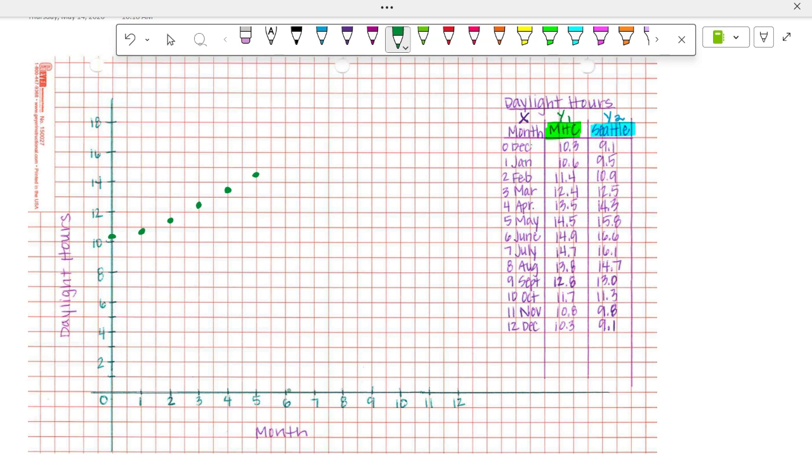So I'm going to go to 6 because that's the 6th month of the year. I'm going to go all the way up to 14. And I'm just going to go almost on top of the 15 line, but not quite. So as close as you can to the 15 line, just not quite on it. 14.9 is like a breath away from 15.